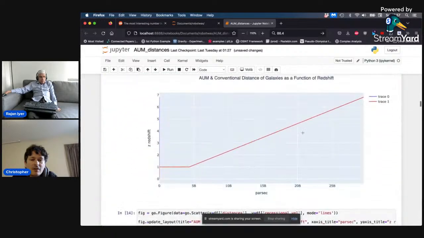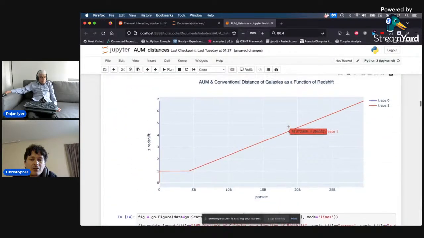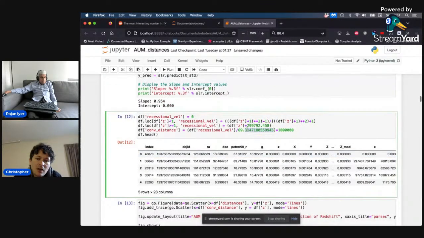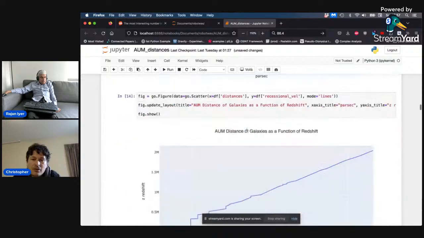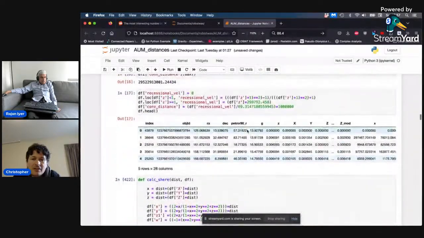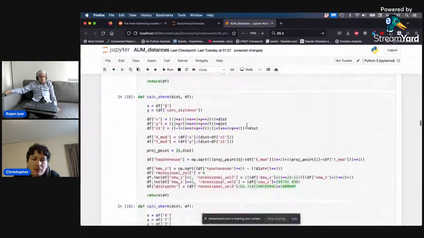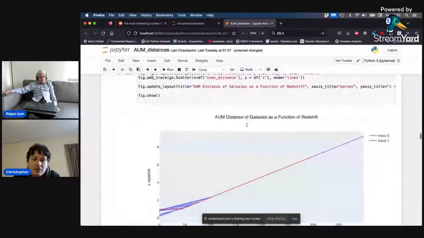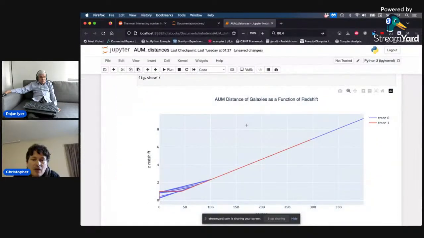So if I said that this slope was 70 or something, I'm wrong. This was just whatever Hubble parameter we selected at the beginning, which was the natural logarithm of 2. So the fact that we've used the exact same value in both instances, we get the exact same results, and that I believe is it.